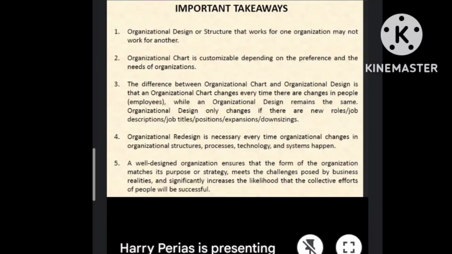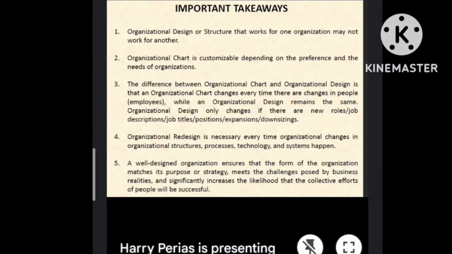So, ang organizational design must meet the challenges posed by business realities and significantly increases the likelihood that the collective efforts of people will be successful. So, ibig sabihin, kapag nag-design tayo ng organization natin, yung structures natin dapat ina-align natin sa ating goals, sa ating objectives, sa ating mga strategies. Okay?